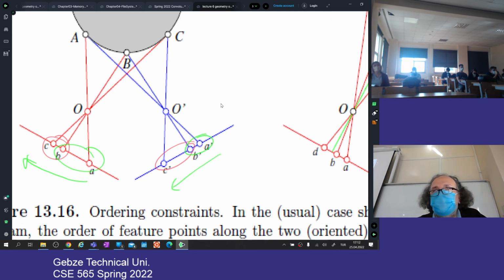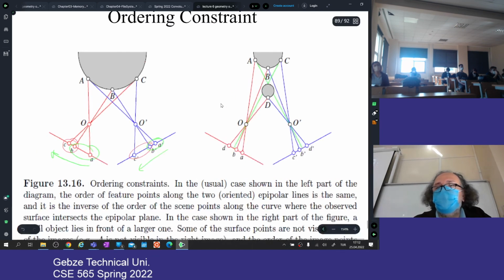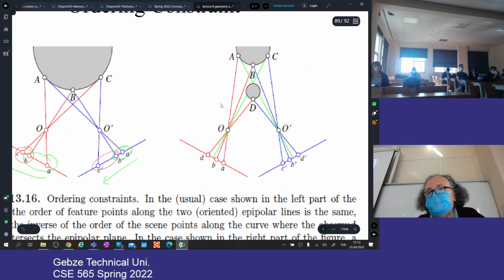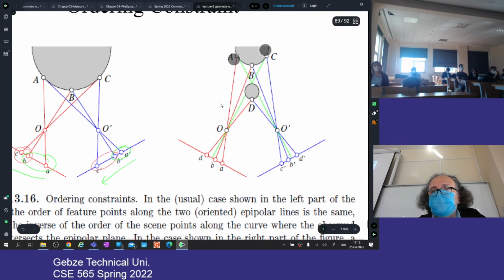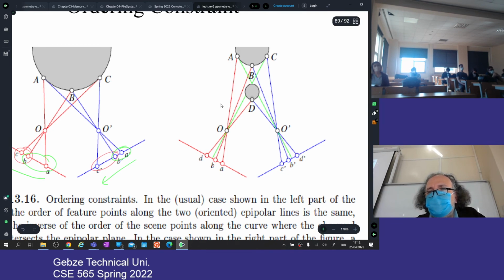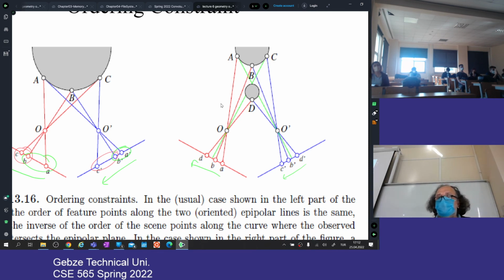If you have a surface discontinuity like this, here I have ABC on this object and I have D on here. This is ABD, this is BDC. So A comes from B and D. Here D comes before B and C. So the order changes.